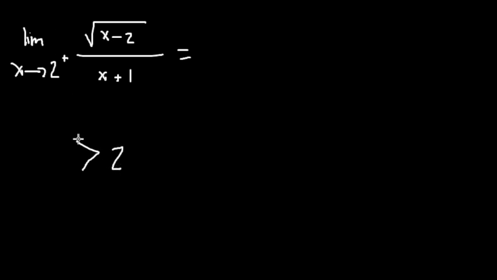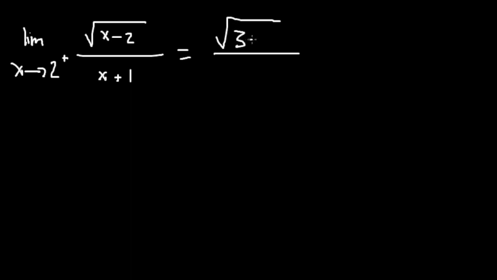We will use values greater than 2 when taking the right hand limit because the given is 2 and we are asking for the right one, so it's greater than 2. Any value greater than 2, well, let's just use 3.